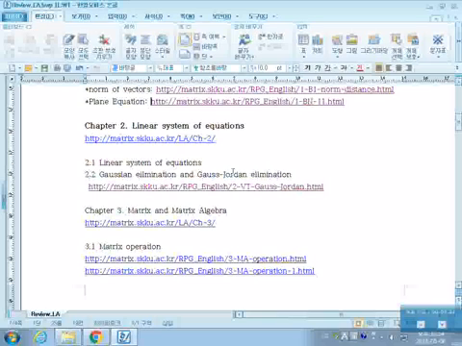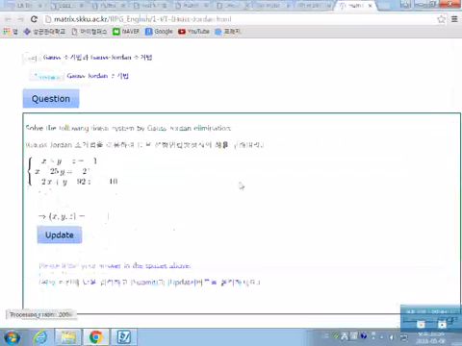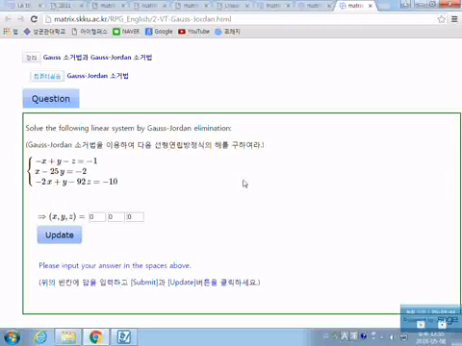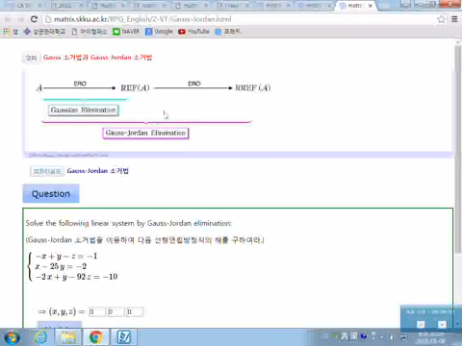And next one is the linear system of equations, and mainly the Gaussian elimination and Gauss-Jordan elimination. From this link we can fully understand how it works. First, it gives the definitions, how to do the Gaussian method.